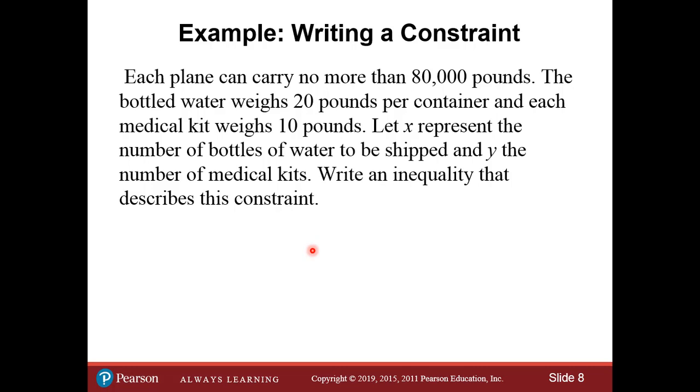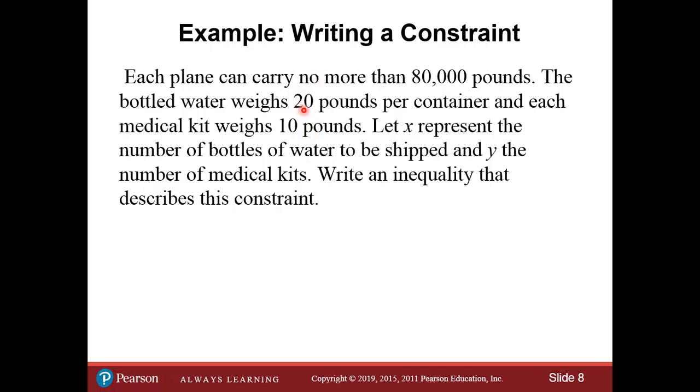We want to write an inequality that describes this constraint. We know how many pounds each container of water weighs and how many pounds each medical kit weighs, so we can set up a similar inequality like we did before.